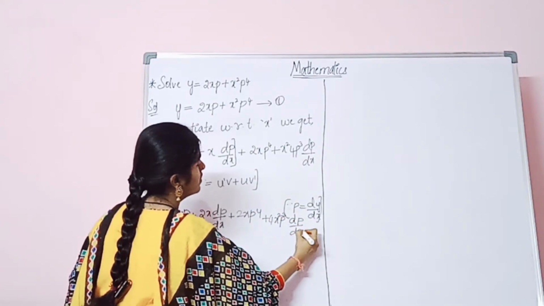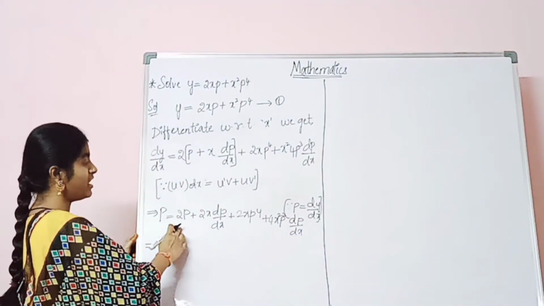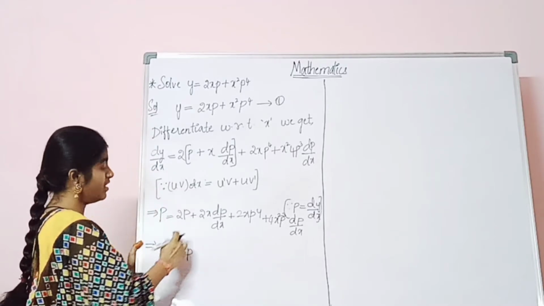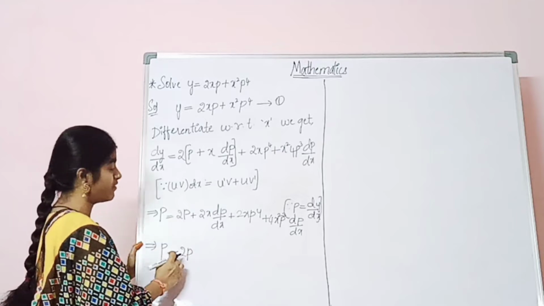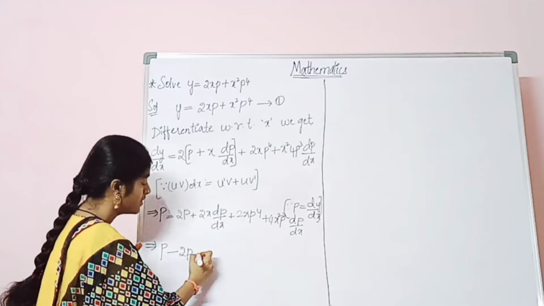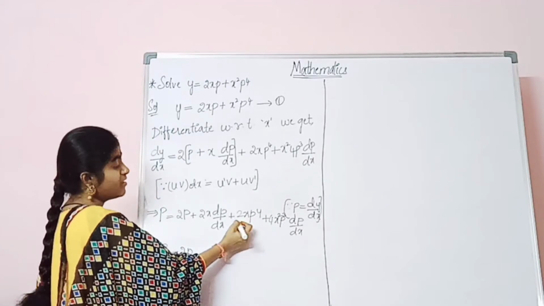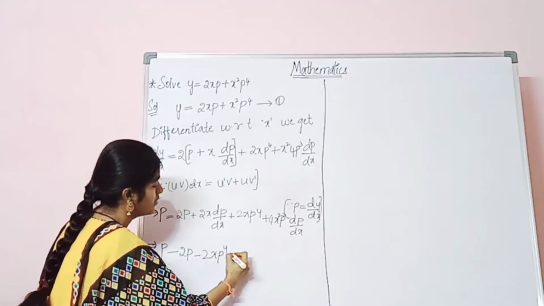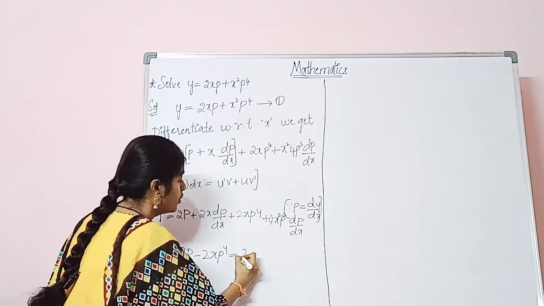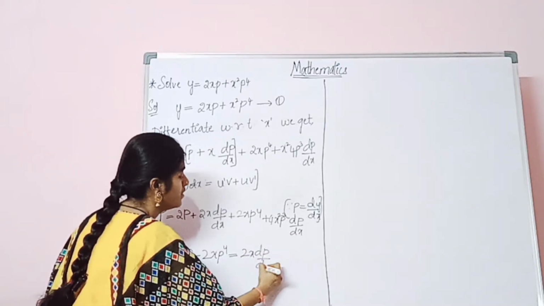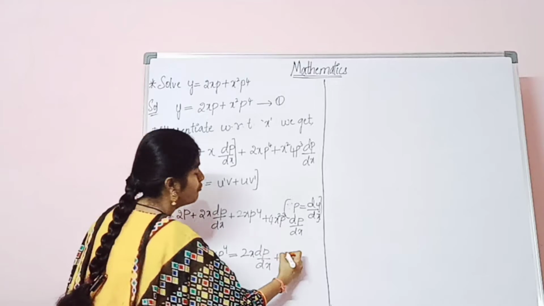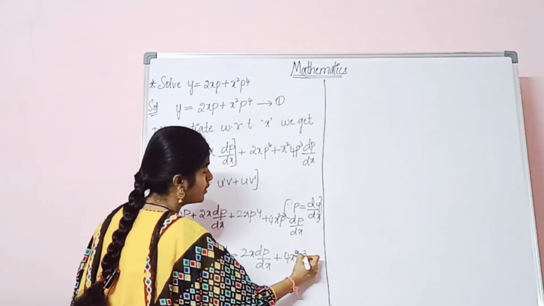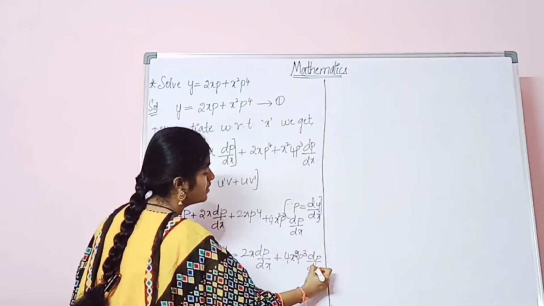That implies, now we take this 2p to this side, so p minus 2p, and we take this 2x p power 4 to this side, so minus 2x p power 4 equals 2x dp by dx plus 4x square p cube dp by dx.